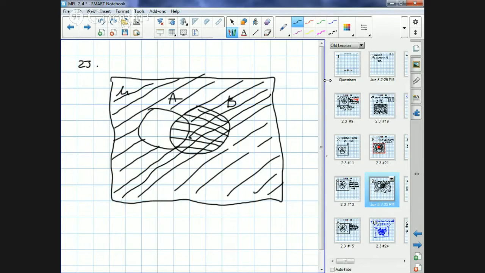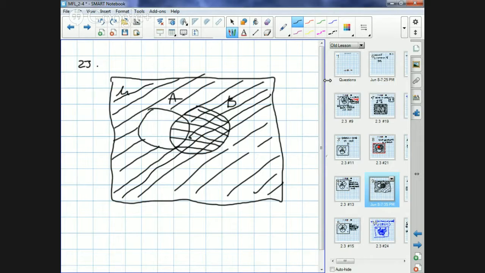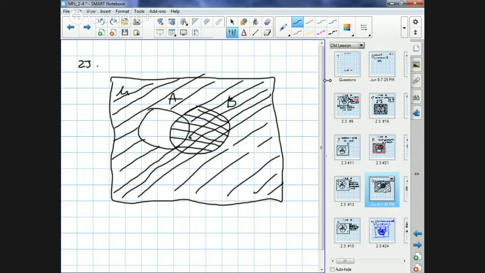Okay. You're right. If it was A intersect B, then it would just be the middle part. But it's not A, it's everything not in A. That's right, the complement of A. Otherwise, you would have been correct. Okay, so everything not in A, and where does that overlap with the element of B?